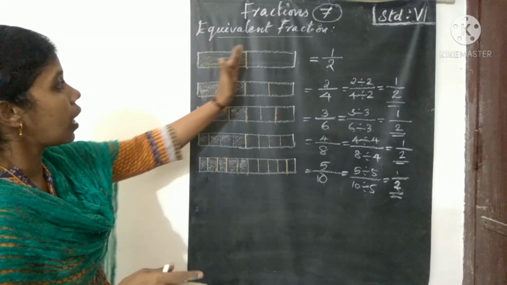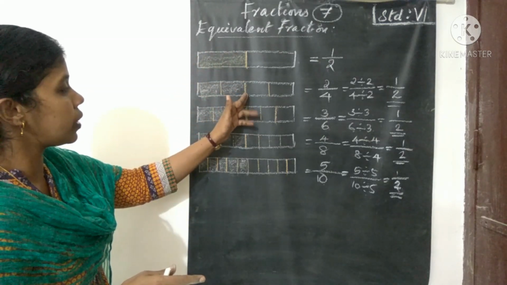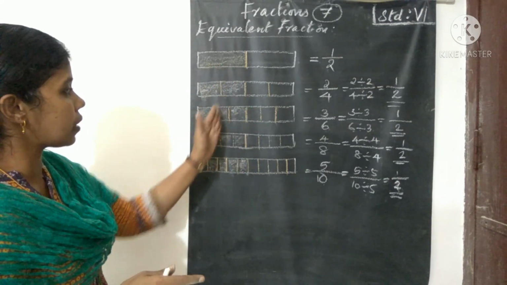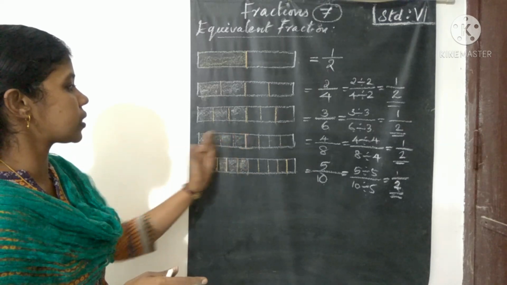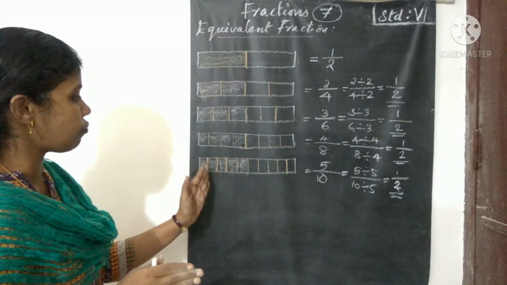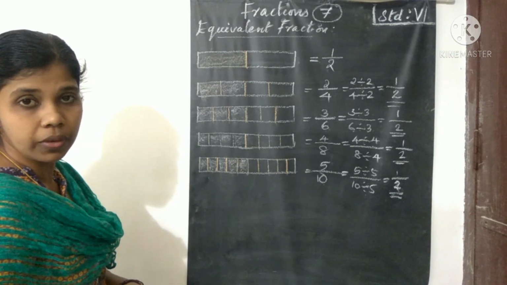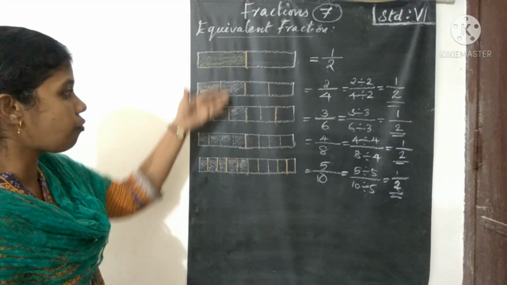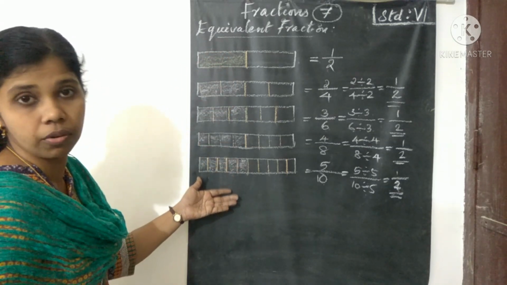The first half portion, next in the half portion 2 parts shaded, here in the half portion 3 parts shaded, here 4 parts shaded, here 5 parts shaded. But all are equal, only half of the chocolate bar.